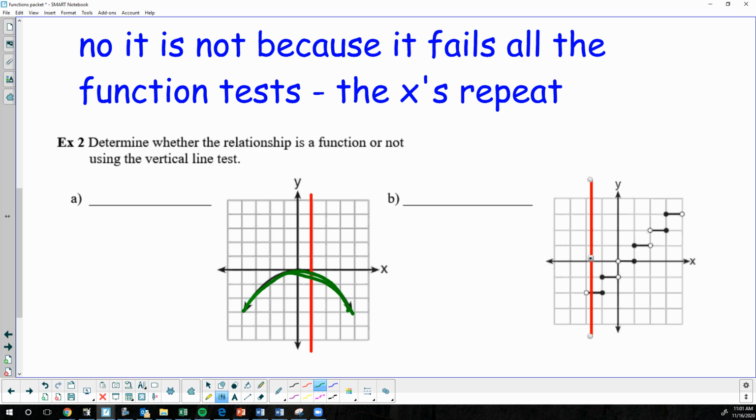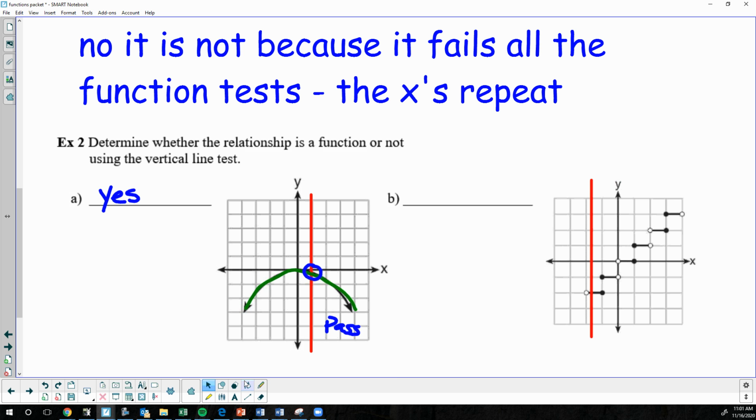So you want to look and see how many times the red line and the green line intersect. And if you see it, it only intersects this one time. 1 is good. So that means, yes, it is a function. This is a pass, okay? 1 is good.